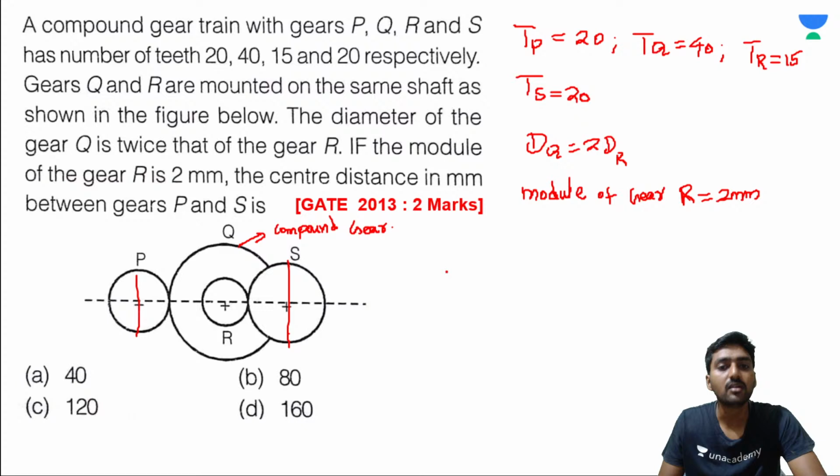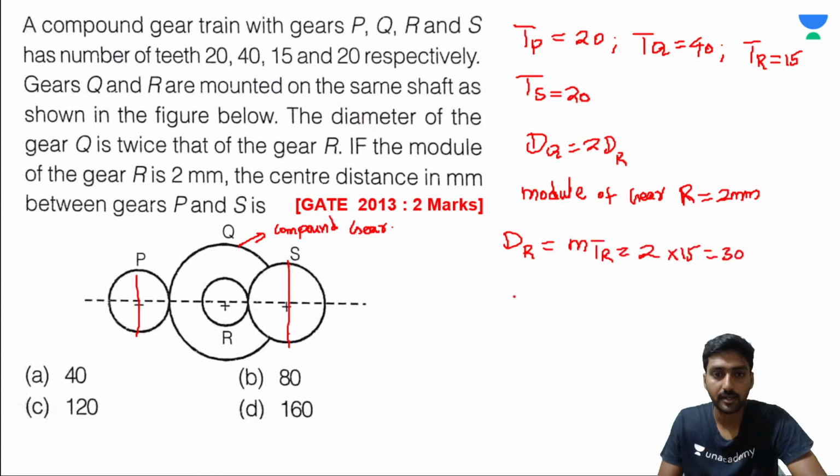Diameter of R is module into number of teeth, 2 millimeter into 15, which is equal to 30. Next, diameter of S is module into TS, 2 into 20, which is equal to 40.